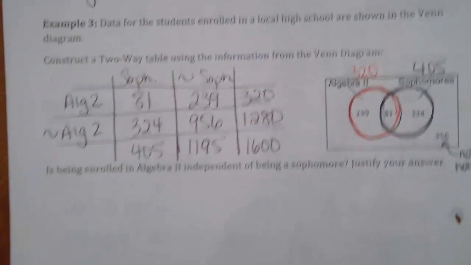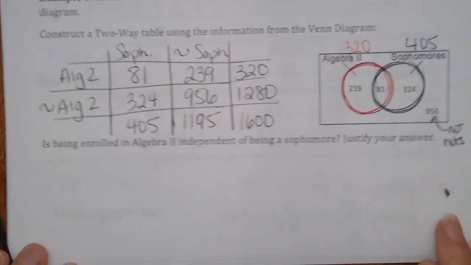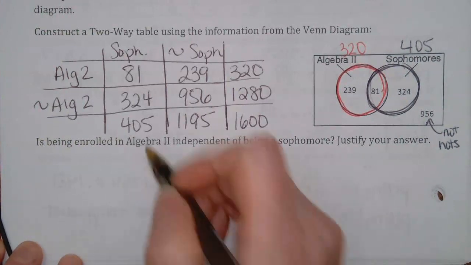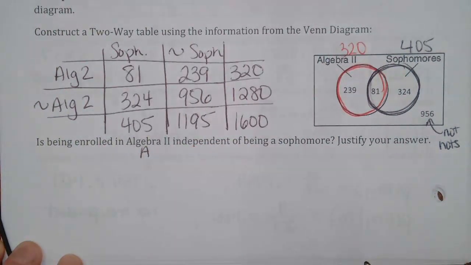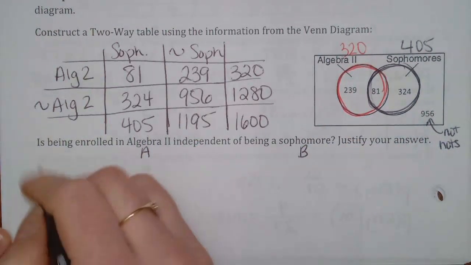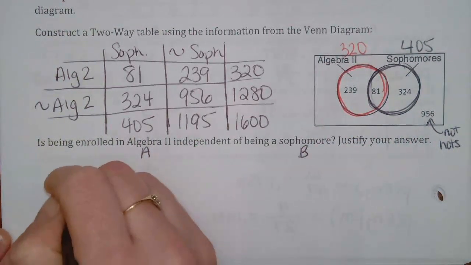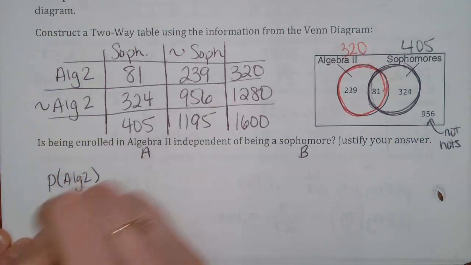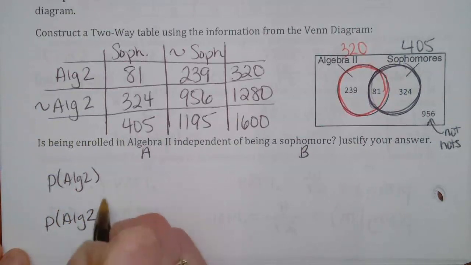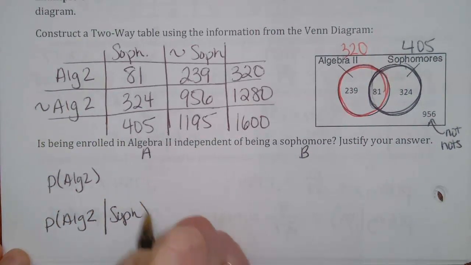Whew. After all that, let's figure out if we're independent over here or not. Is Algebra 2, so I'm going to let that be event A, independent of being a sophomore? There's event B. All right, so the probability of being in Algebra 2, and then compare that to the probability of being in Algebra 2 given they're a sophomore.